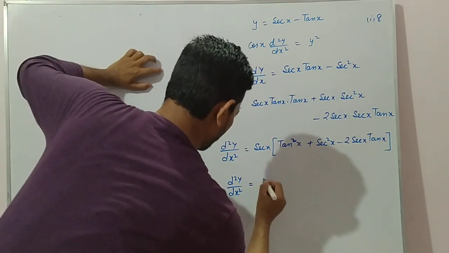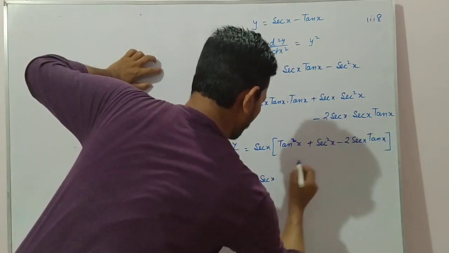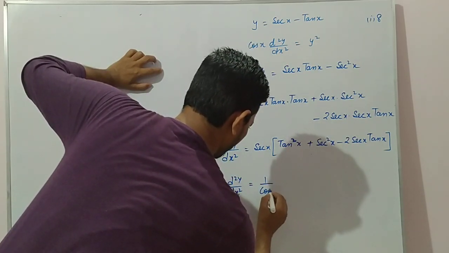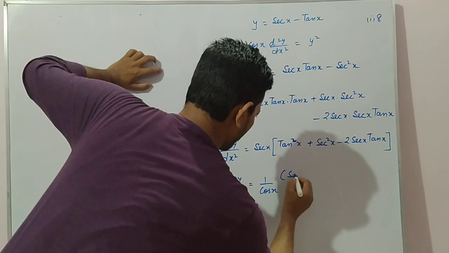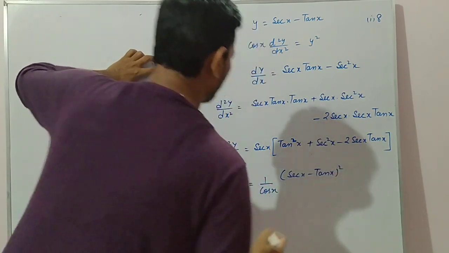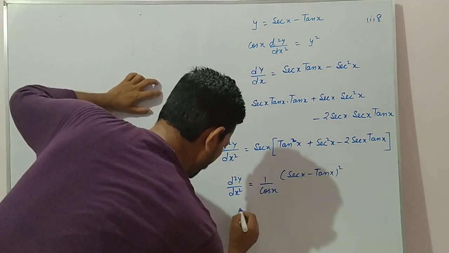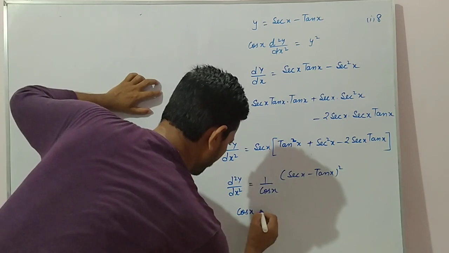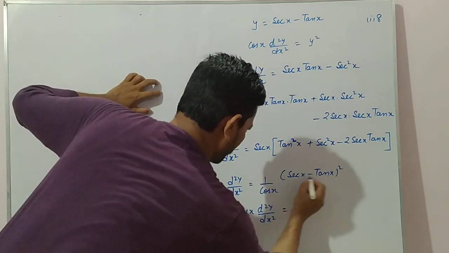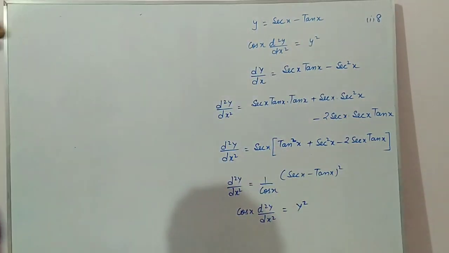Here it is a square plus b square minus 2ab, so sec x can be written as 1 by cos x, and this can be written as (sec x minus tan x) the whole square. This cos x will go to the other side: cos x d2y by dx square equals sec x minus tan x the whole square, that is y square. Sec x minus tan x is y.